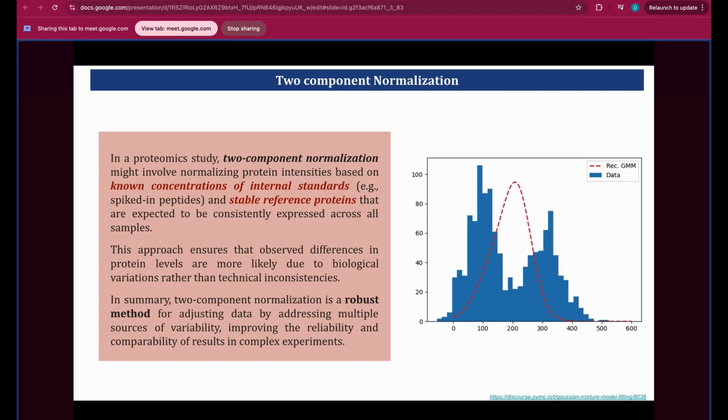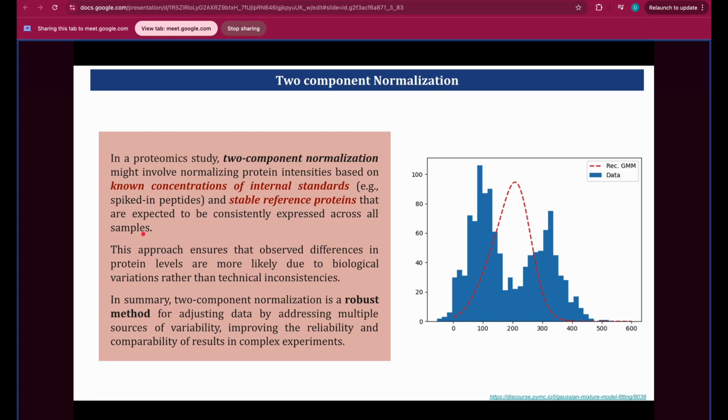Now the next method is two component normalization. This is another method in which there are two components which are normalized. It involves normalizing the protein intensities based on the known concentration of internal standards, for example, spike-in peptides and stable reference proteins that are expected to be consistently expressed across all the samples.